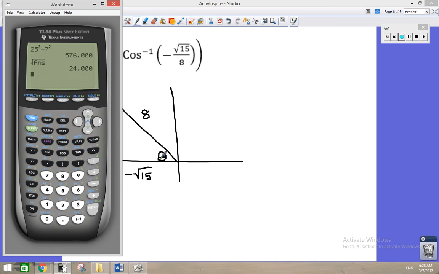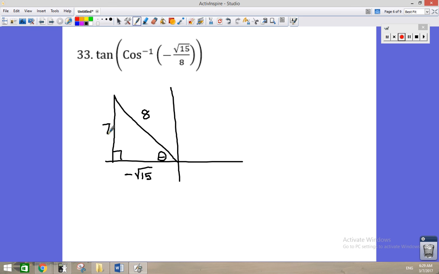So, by the Pythagorean theorem, 8 squared minus, and the square root of that is 7.